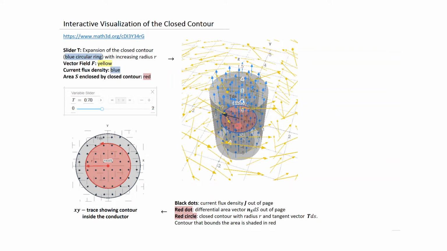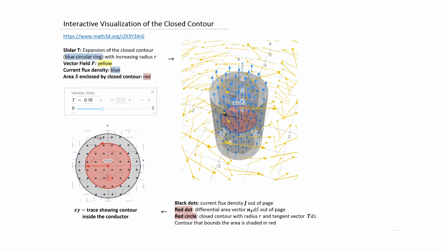The contour can be adjusted, and so it has a radius r. The example I've shown here is where the contour happens to lie inside the conductor, but this could easily have been increased so it lies outside the conductor. In this diagram, what we're showing is that the area vector is pointing outwards, that is in the z hat direction.